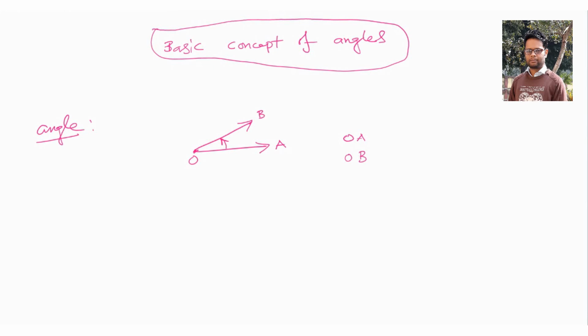Now the next important point, interior of an angle. Suppose this is an angle. This is OA, this is OB, and this is an angle.